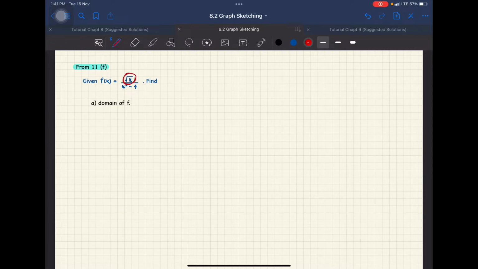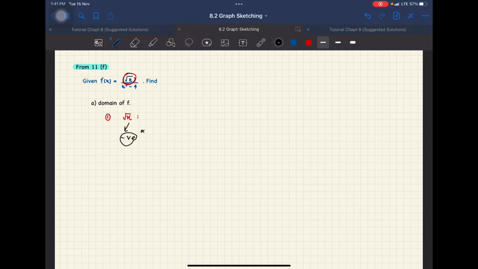Bila dekat sini saya nampak dia adalah satu square root function. So saya pecahkan dia by parts. For square root function, we know that inside of the square root, it cannot be a negative number.